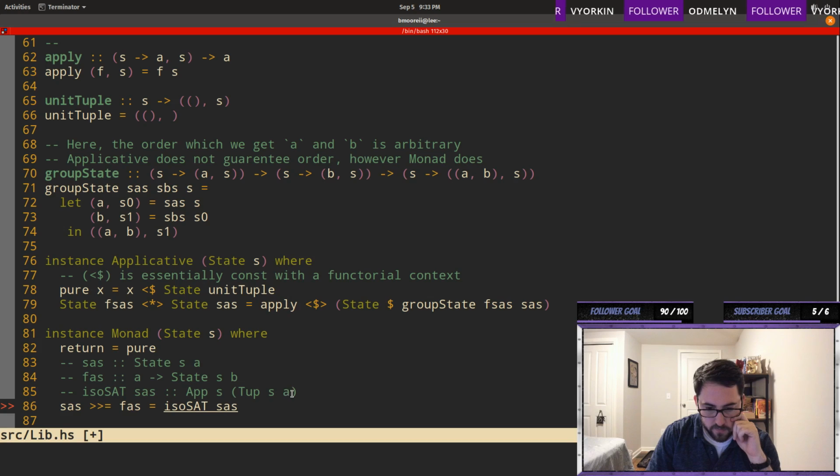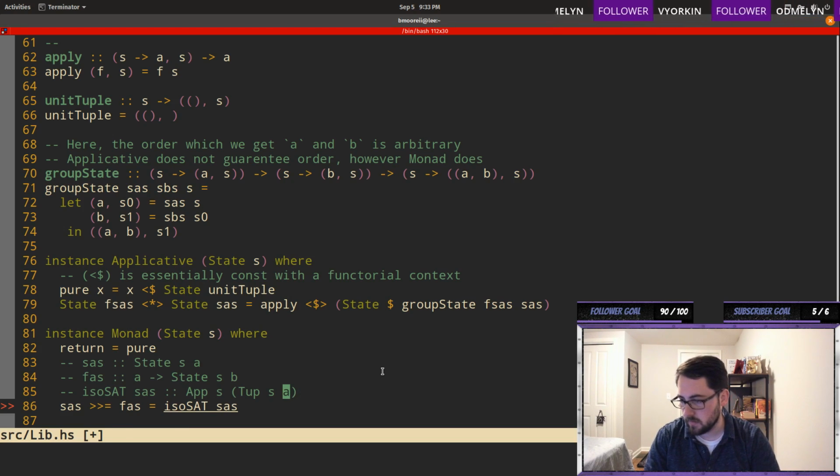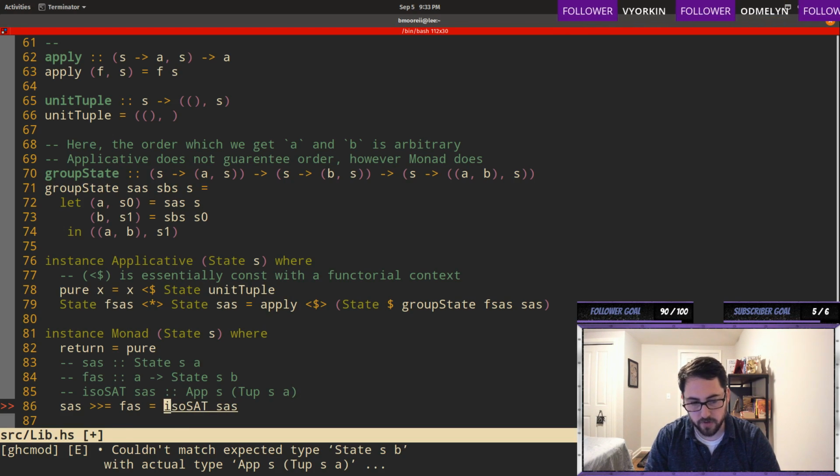So I want to get to this A. So that would be an fmap, fmap. But then I need to just pull this stuff out. Right? So don't I just need to untup, unapp, and then stick a state in front of it or something? I'm gonna try that.